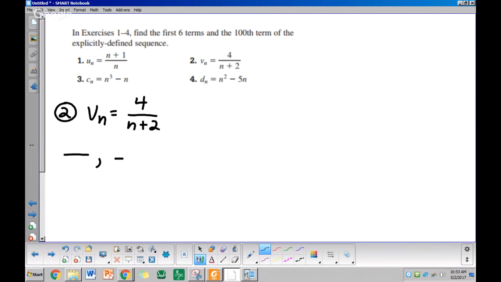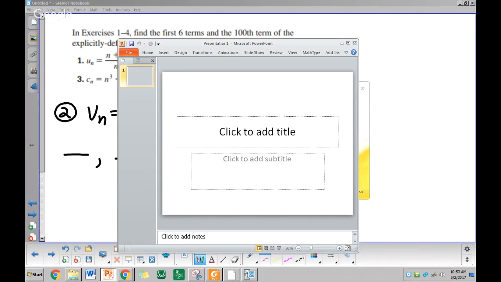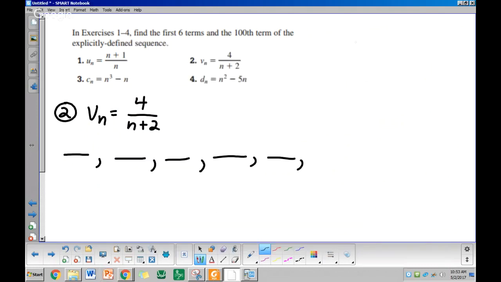If I need the first 6 terms, what am I going to do? I'm going to let n equal 1 here. What happens when n equals 1? You get 4/3. That's my first term. You see what we're doing?